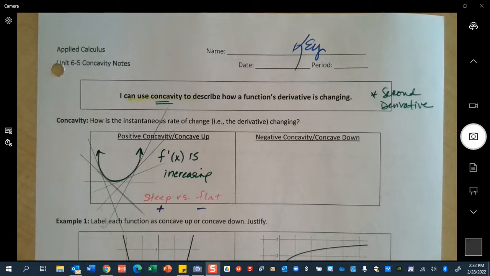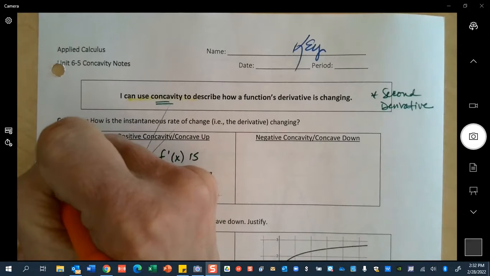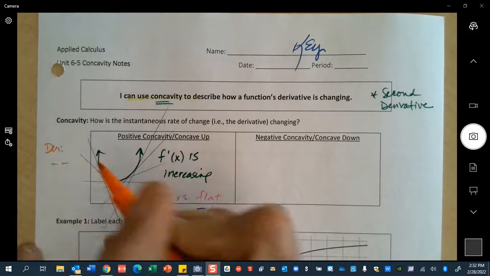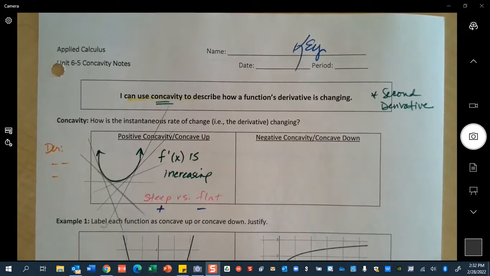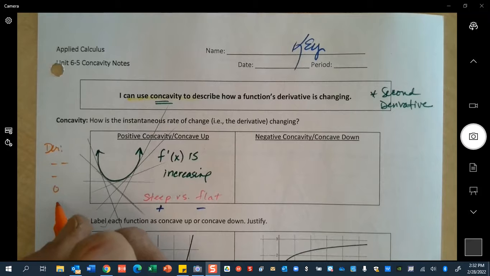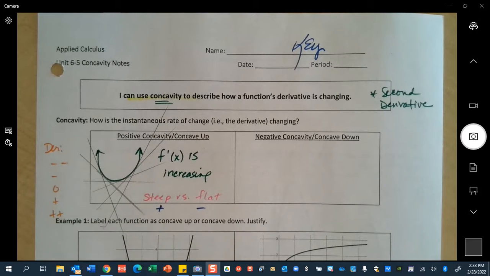If I were to keep track of what was happening with my derivative, I would say that my derivative is very negative, then it's just kind of negative, then it's 0, then it's positive, then it's very positive with being steep.